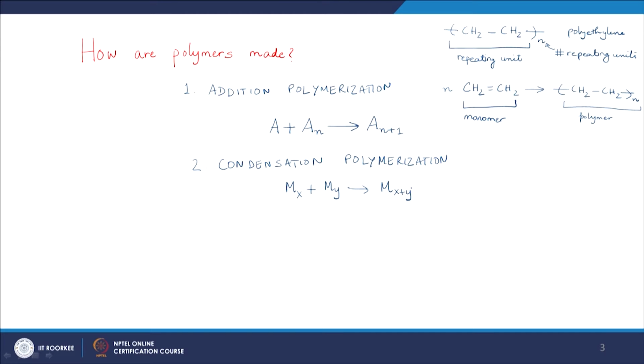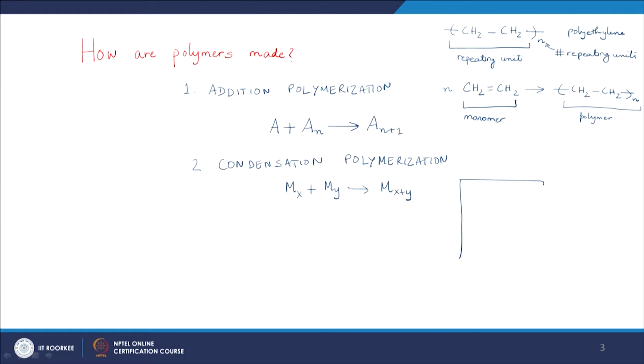So in the first case we always require a monomer to react. A monomer reacts with a growing chain and forms a bigger chain. In the condensation case, the two chains are already grown, and they react and form a larger chain.